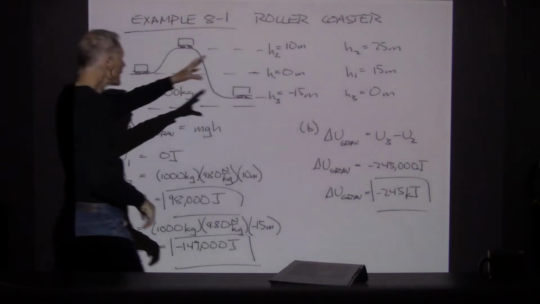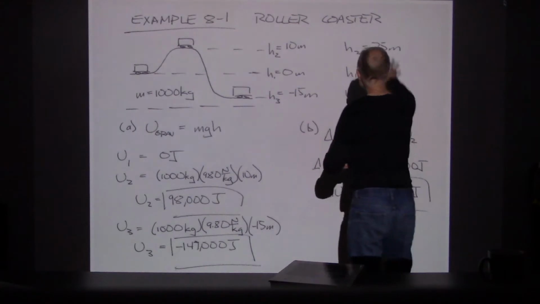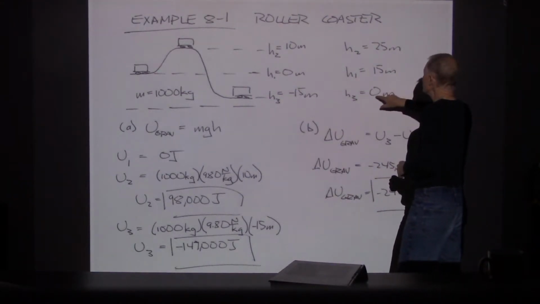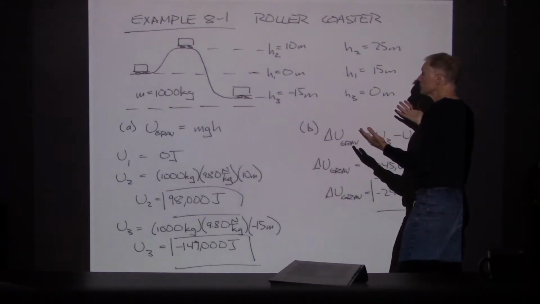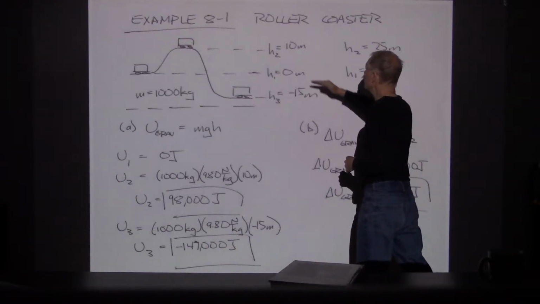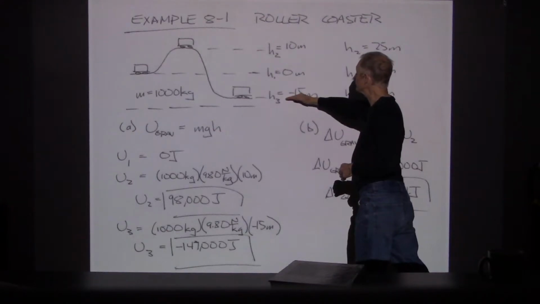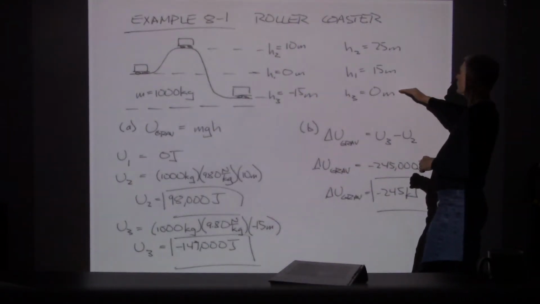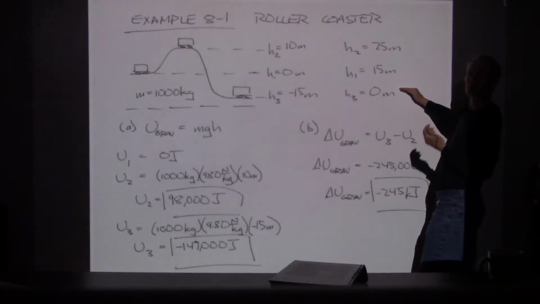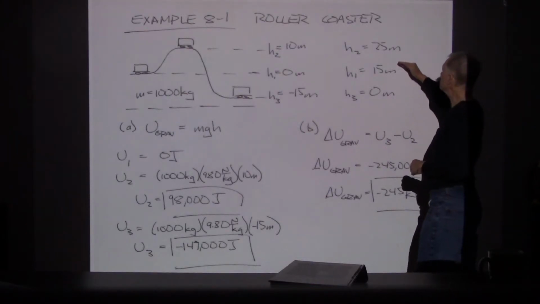Now, what I have written up here is just kind of an aside, saying what if instead of this as our reference point, what if we had chosen point 3? Well, if point 3 was our reference, I would assign that the value of 0 meters for H3.